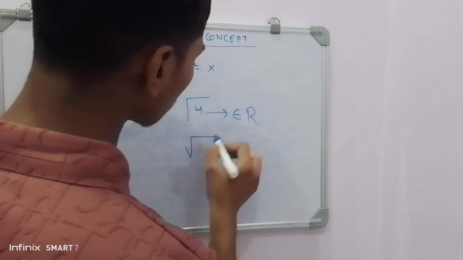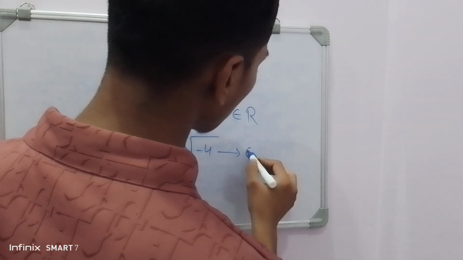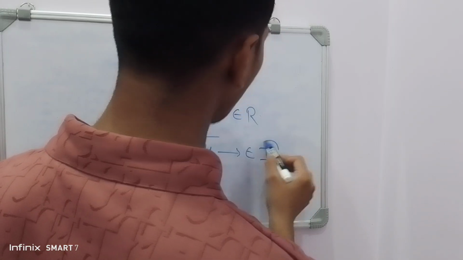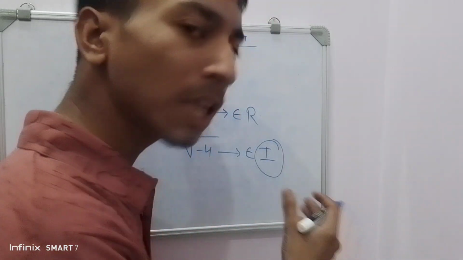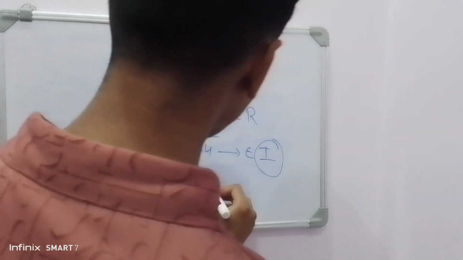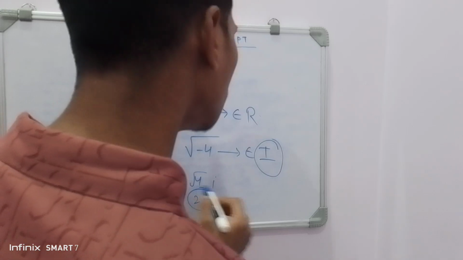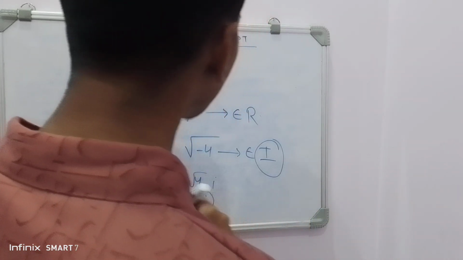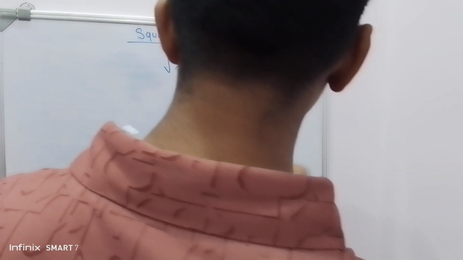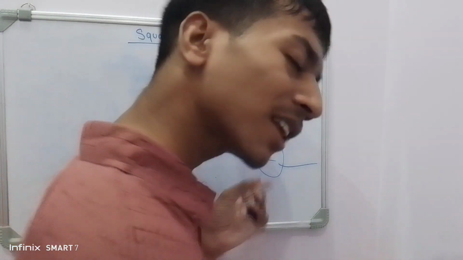And in the same square root, if you keep minus 4, the answer is imaginary, that means a complex number. We also have an applicable method to solve this, which can be written as the square root of 4 times iota, or 2 iota. You will study this in class 11th. So the main point is that if you are getting a minus inside the square root, you have to study it after class 10th.